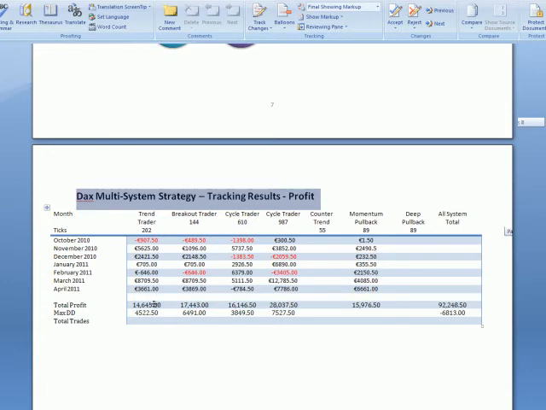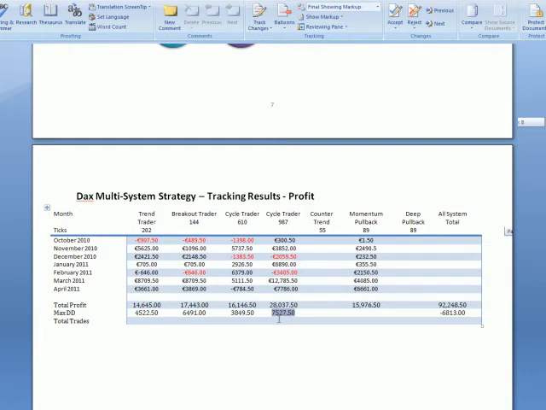So the power of that, as we know, is that the combined drawdown was $6,813. The maximum drawdown for one single strategy was $7,527.50. So we actually had a better result combining all 5 strategies together, or 4 strategies together, on our drawdown than trading just one strategy.